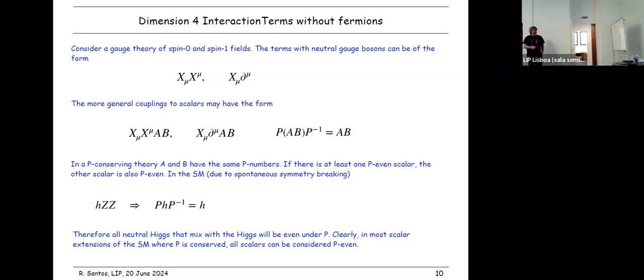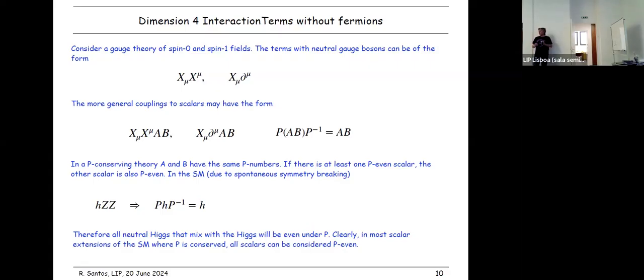Because independently of what the parity of the Z is, this is Z squared, so it's 1. So why do I say that then H is also 1? There are two possibilities here. Either the Lagrangian is invariant for parity, and then you multiply 1 by 1 and you get 1, or the Lagrangian is not invariant for parity, and then of course H can be whatever you want.